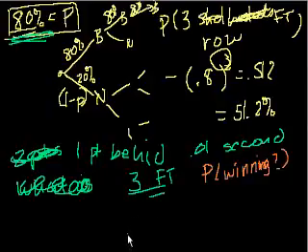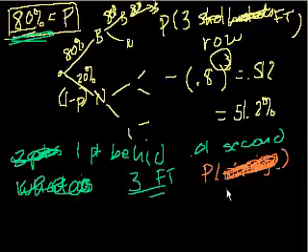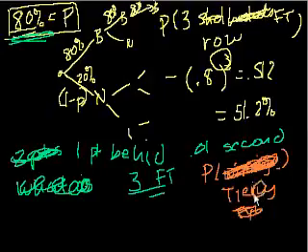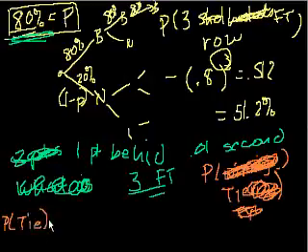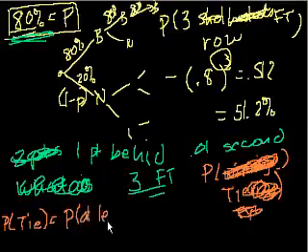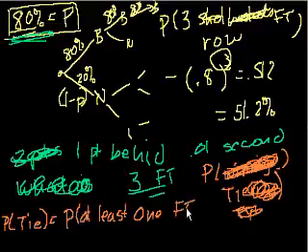So in order to win, well, actually, let's do the tying first. What's the probability of a tie? Well, the probability of a tie is going to be equal to the probability of me getting at least one free throw, right?